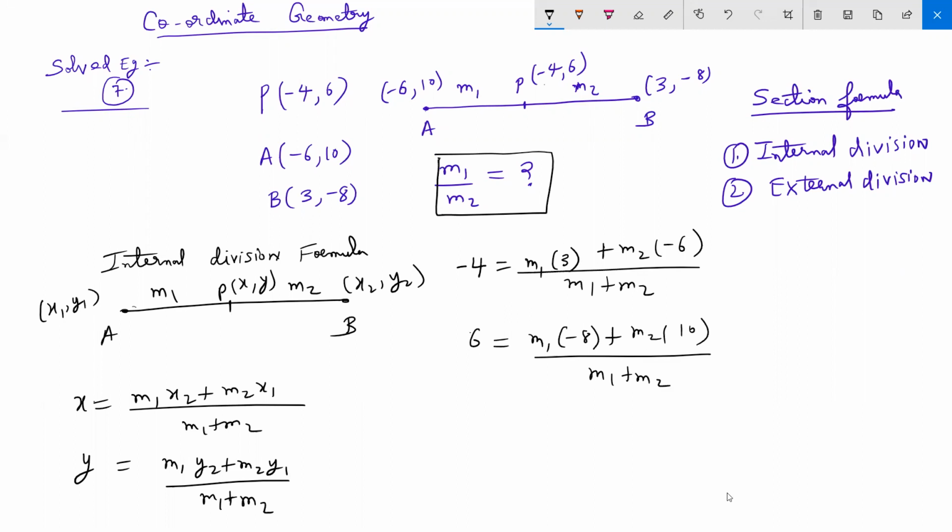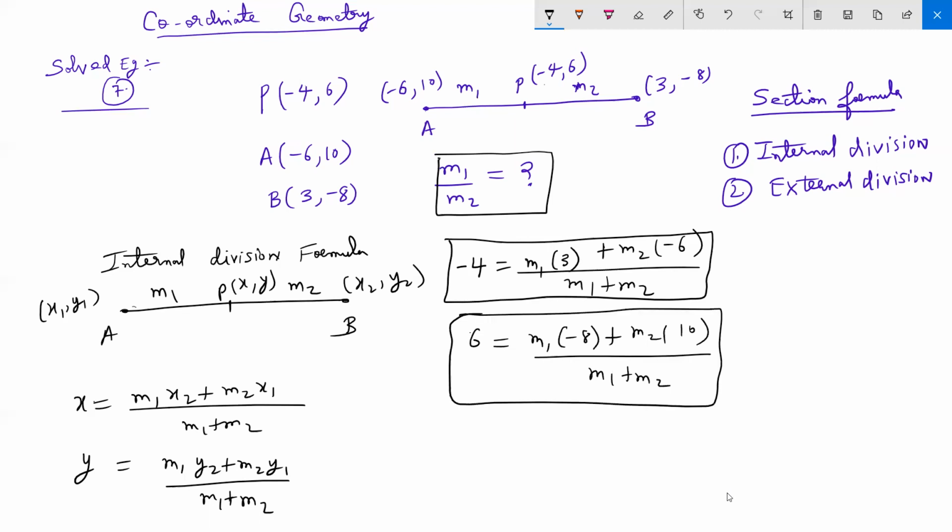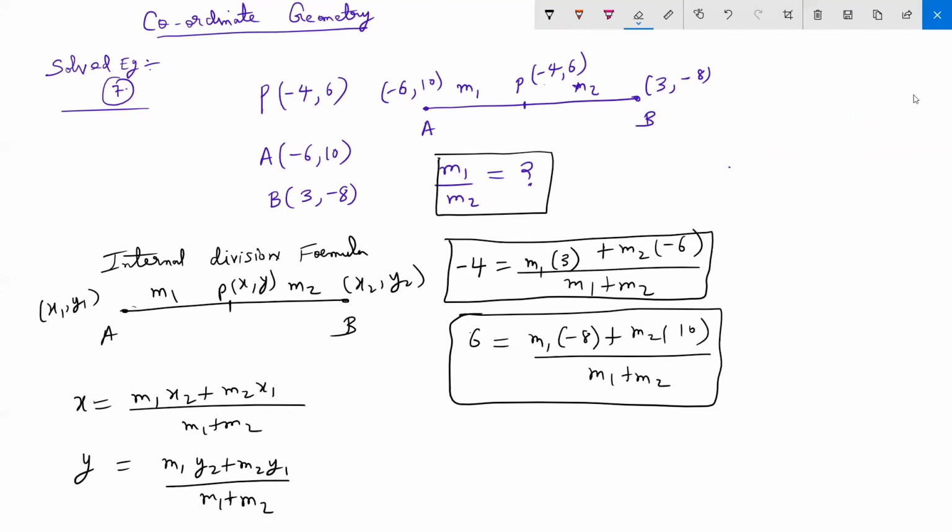Now here first I will make use of the first equation, and then the second equation.